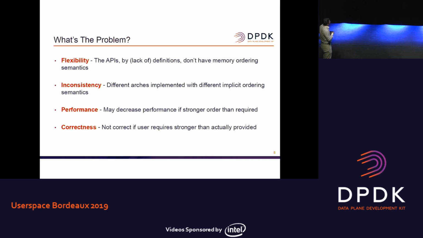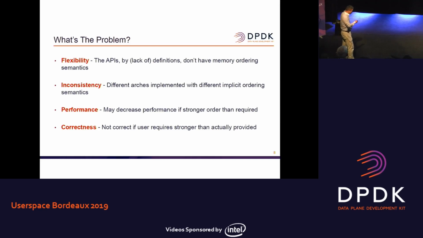The second problem is inconsistency. Each platform has its own memory ordering semantics, and they are not aligned with each other. The third problem is performance. As I just talked about, too strong a memory ordering is not suitable for some use cases.